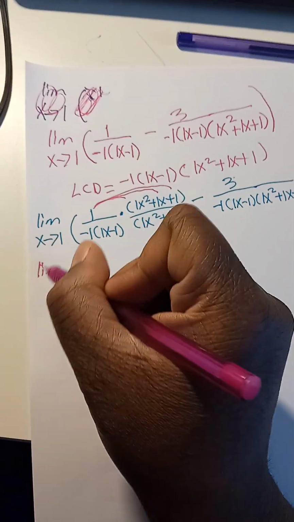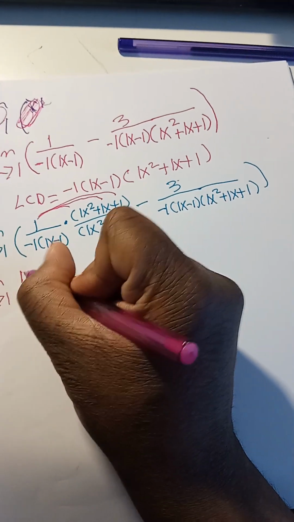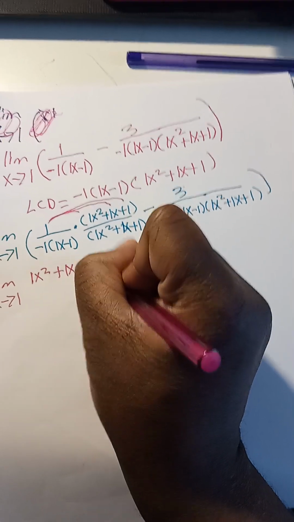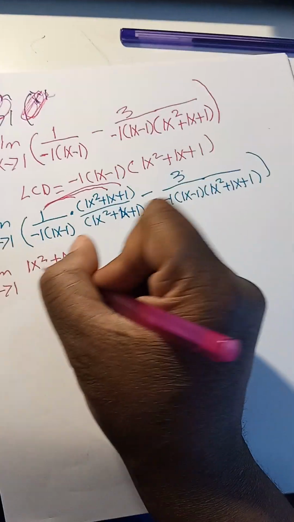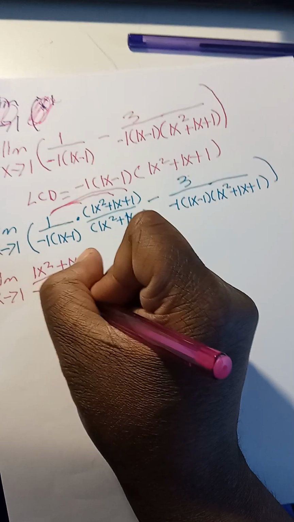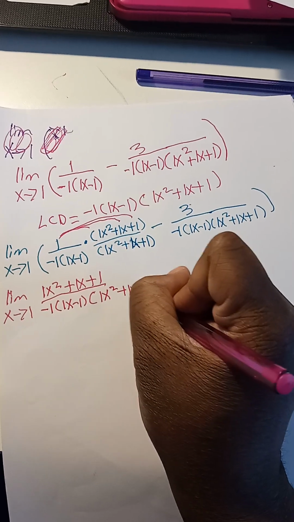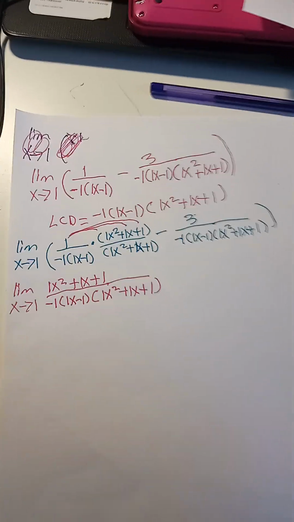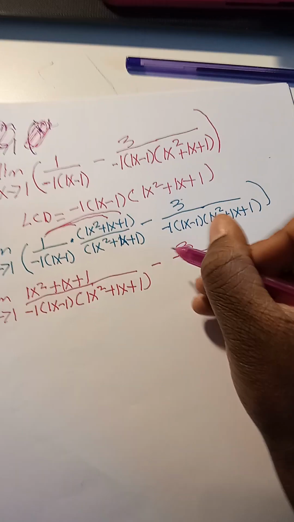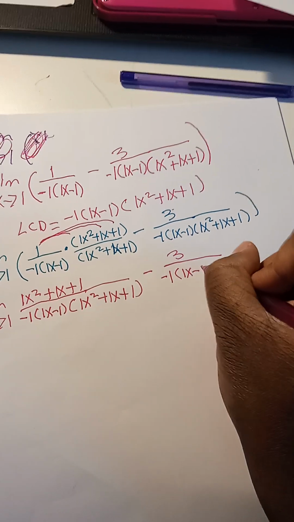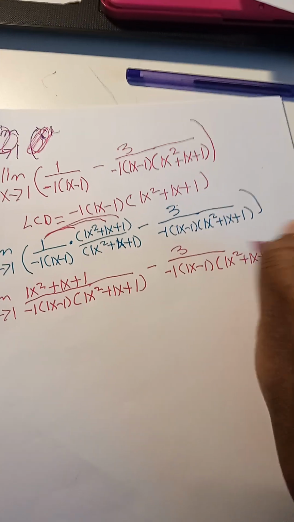So it's going to be the limit of x goes to 1 of 1x squared plus 1x plus 1, because 1 times the function will yield itself, divided by -1 times 1x minus 1 times 1x squared plus 1x plus 1, minus 3 divided by -1 times 1x minus 1 times 1x squared plus 1x plus 1.